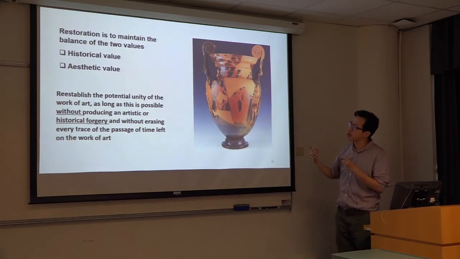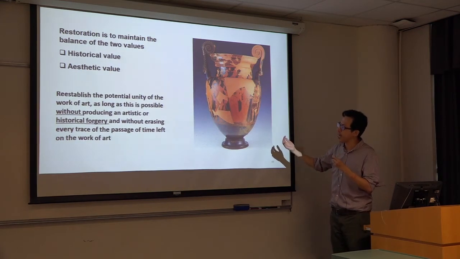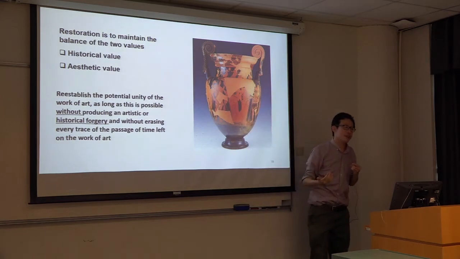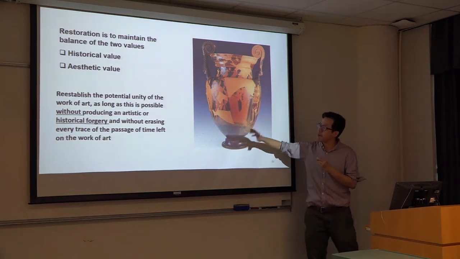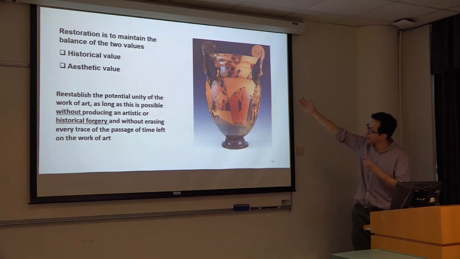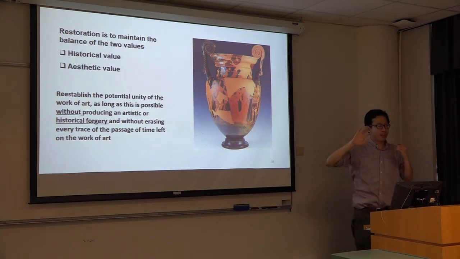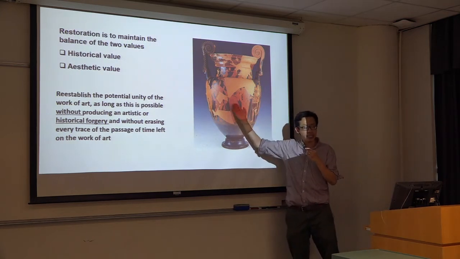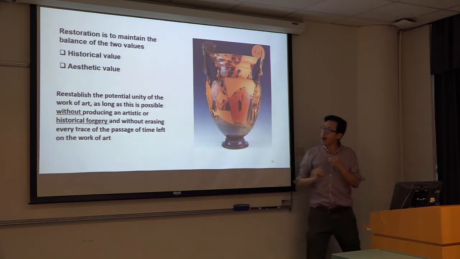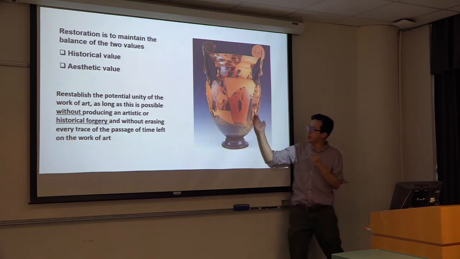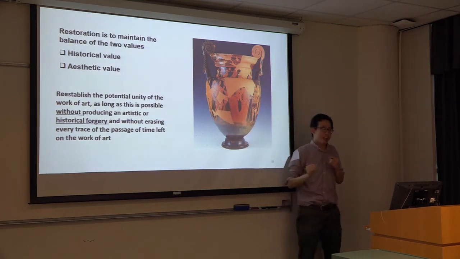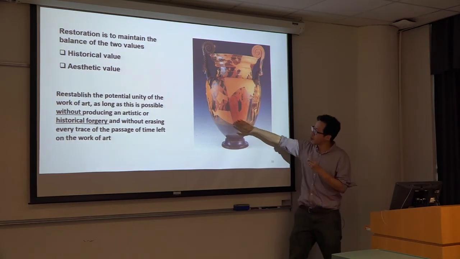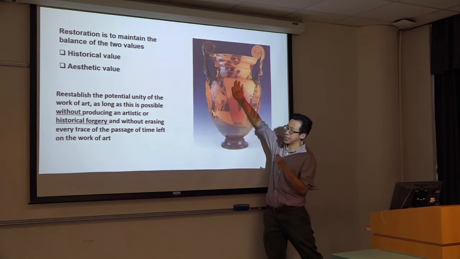Okay, so in general, I can combine the two values in a simpler way. Restoration is trying to combine the two values together. Of course, we have to make them look good. In this case, this is a vase from the Greek period, and originally this one was broken. We have to put all the fragments, all the shreds, back together in a way that looks like the original vessel, of course, but we are dealing with missing pieces.